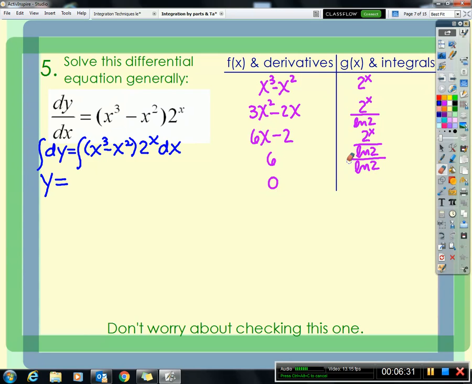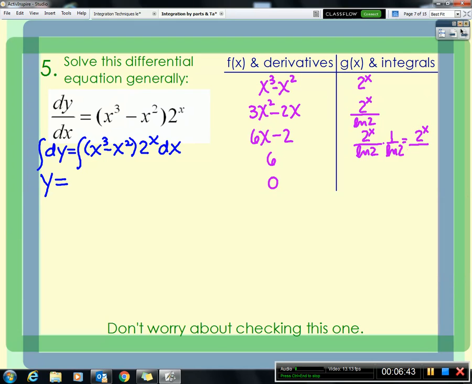That would be the same thing as saying times 1 over ln 2. Or I could say 2 to the x over ln of 2 squared. Well, do you see that the pattern's going to be that now I'm going to have 2 to the x over ln of 2 squared over a new ln 2? So is it all right with you if I say I'm going to get 2 to the x over ln of 2 cubed? And then my last one would be 2 to the x over ln of 2 to the fourth. Do you see how I've gotten that?